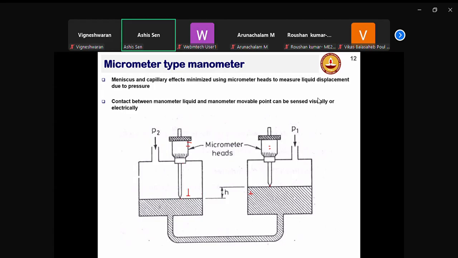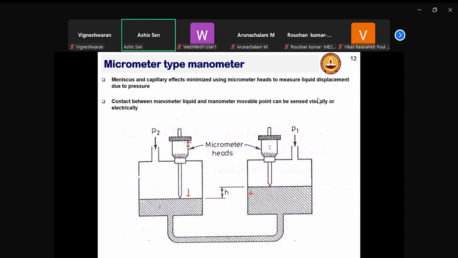Instead of relying on the level by your eye, you have a mechanical arrangement to actually measure the height difference. In fact, in some systems, you can automate it. That means you can measure this change in the height by measuring the capacitance change, for example.